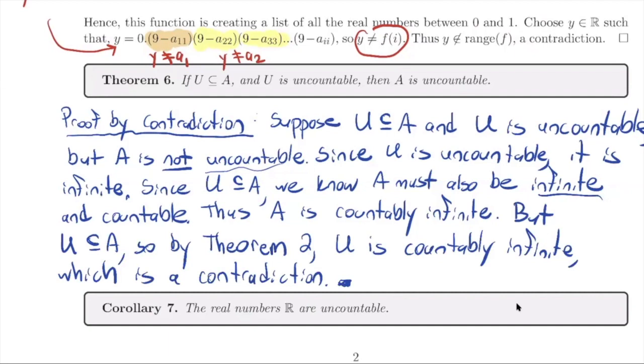So once we reach our contradiction, there we go. The original statement was wrong, is false, so its negation, which is exactly theorem 6, therefore should be true.